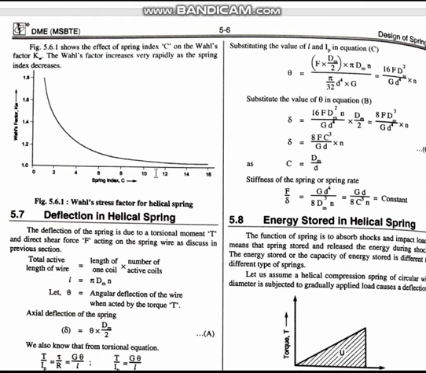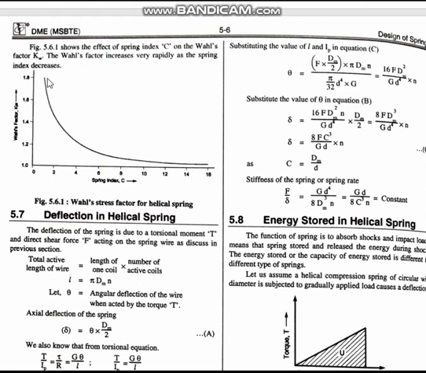But spring index is reducing. Most of the times we'll be taking spring index 6 or something. So for spring index 6 it is coming to maybe around 1.2 or something like that, I think 1.25. So if you plot like this, it should come somewhere here. You need to remember how this curve is.